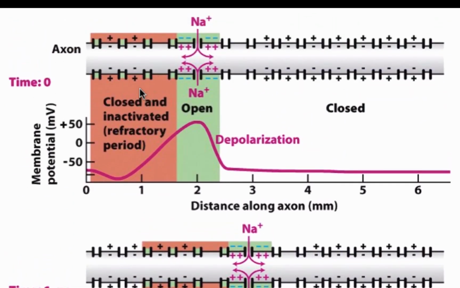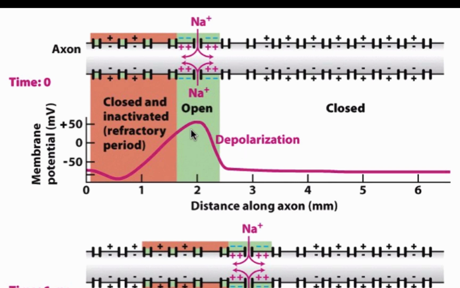The voltage-gated sodium channels on the left at position 1 millimeter are closed and inactivated, and therefore they're unable to allow sodium to come inside the axon. Therefore, the membrane potential gets moved only to the right, in the area where you have bona fide closed channels.